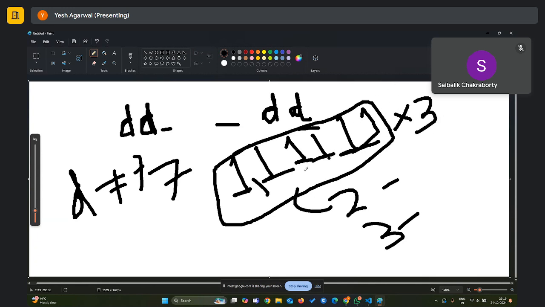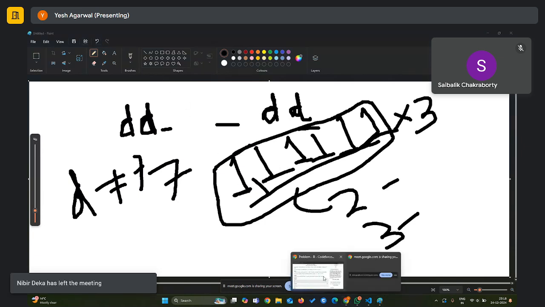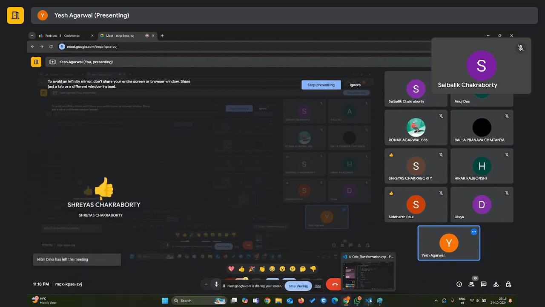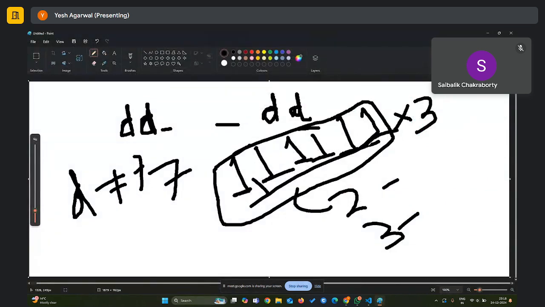So it will always be divisible if there are 6 digits. Is everything up to here clear to everyone? Okay. So it will always be a multiple. So by this we can check for 7 divisibility for 6 digits.